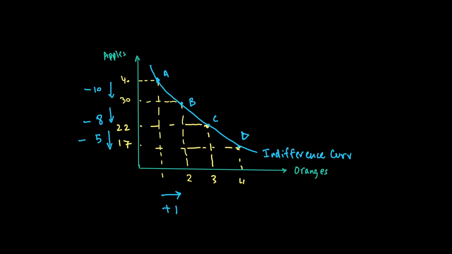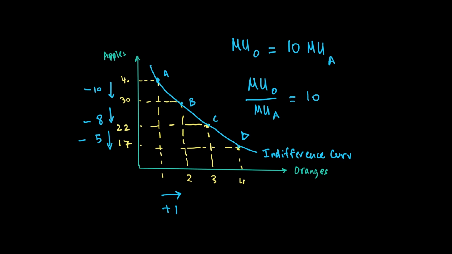In other words, marginal utility of an orange must be 10 times marginal utility of an apple. So I can write that MUO, the marginal utility of an orange, is equal to 10 times the marginal utility of apples. And if I rewrite this, I can say it as MUO over MUA is equal to 10.